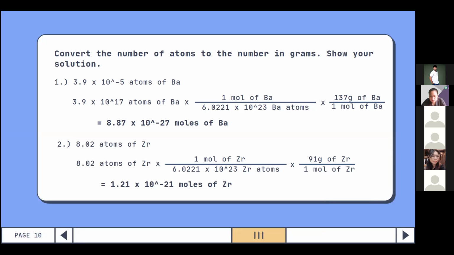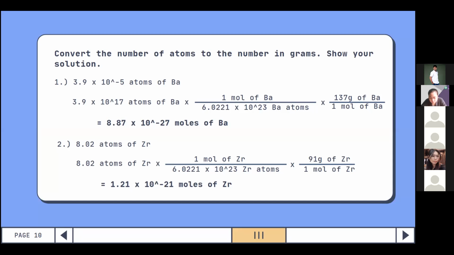Convert the number of atoms to the number in grams. Show your solution. For our number 1, we have the given of 3.9 times 10 raised to the power of 17 atoms of Ba. 3.9 times 10 to the power of 17 atoms of Ba times 1 mole of Ba over 6.0221 times 10 to the power of 23 Ba atoms multiplied by the molar mass of Ba, 137 grams of Ba over 1 mole of Ba.